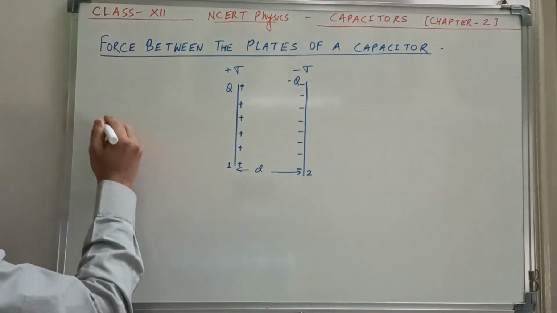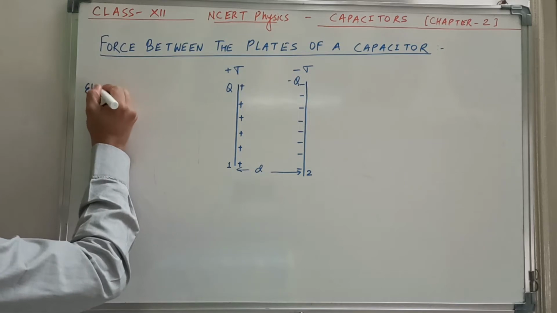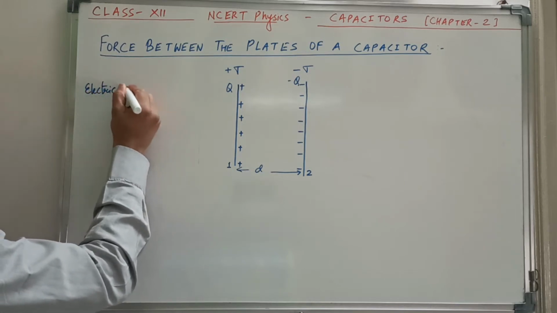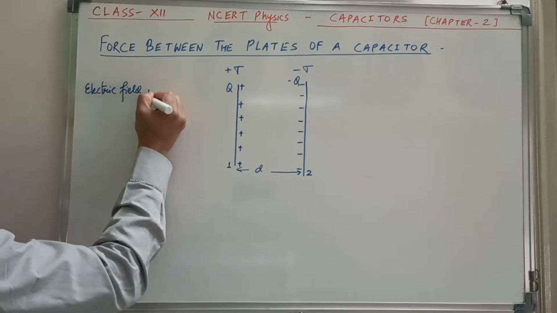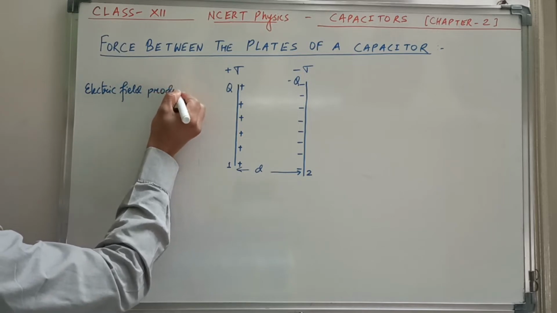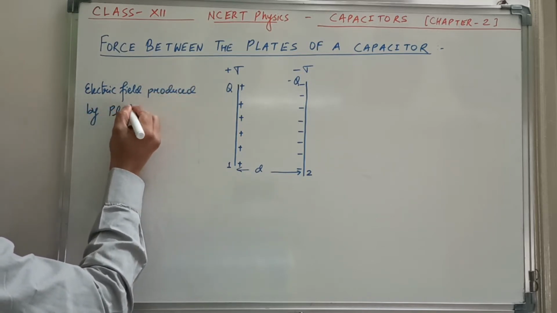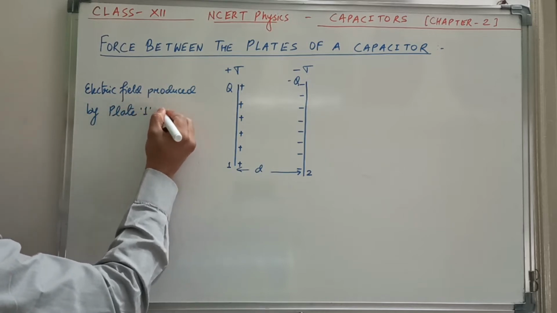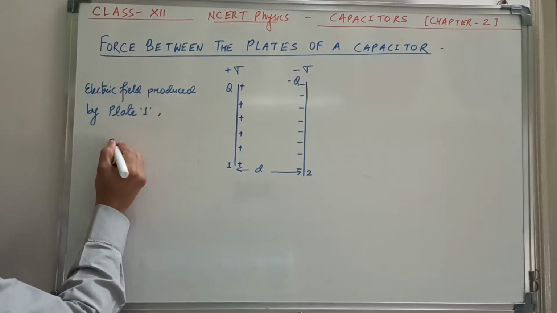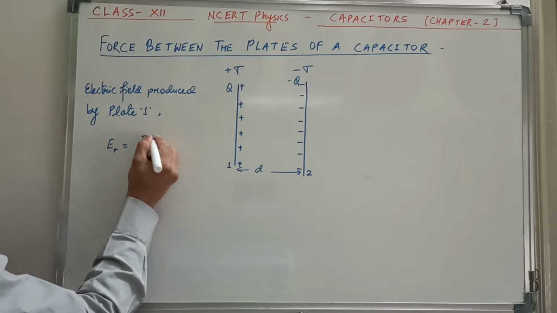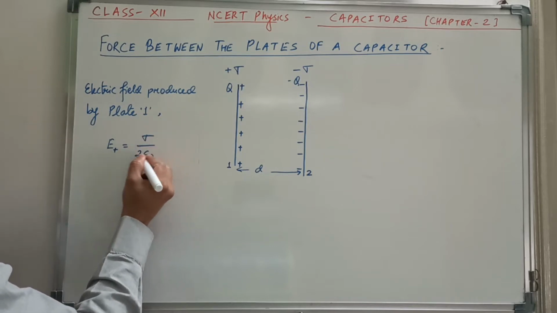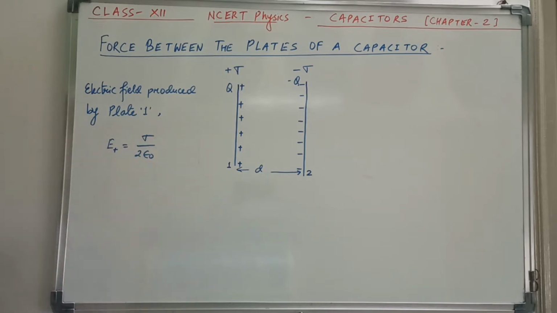So we write here the electric field produced by plate 1. From the Gauss law we know it's E plus is equal to sigma upon 2 epsilon 0, isn't it? This we know already.